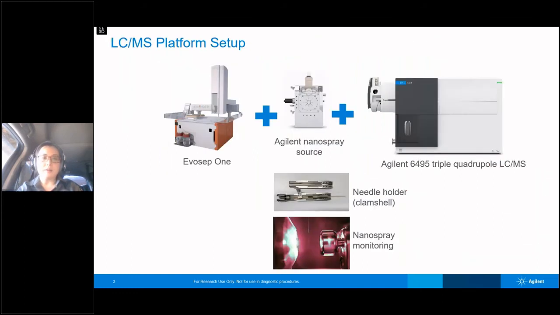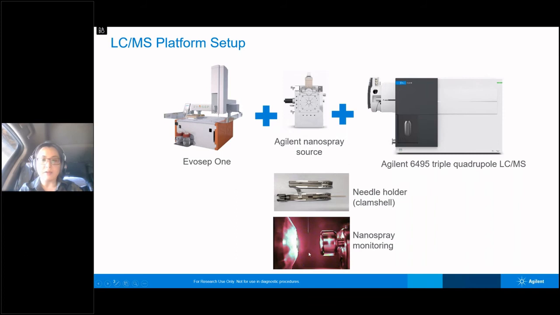Here is the MS platform setup used for this presentation. It combines Evosep One with the Agilent nanospray source and the Agilent 6495 triple quadrupole LC-MS. On the bottom is the nanospray video capture. If you can see, there is a very faint spray, and it is nicely formed.